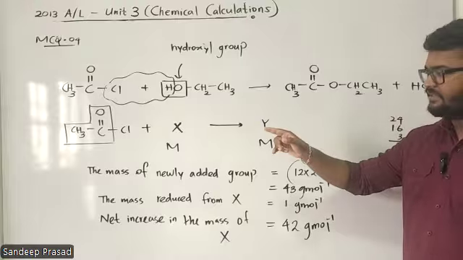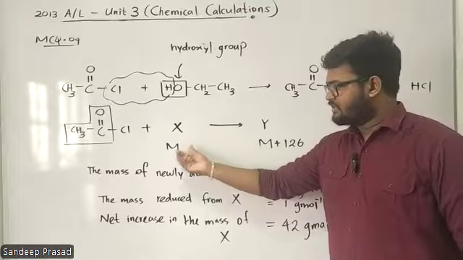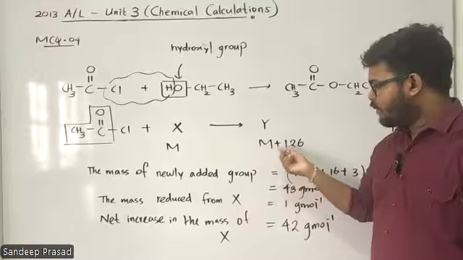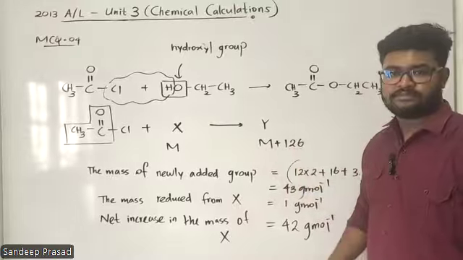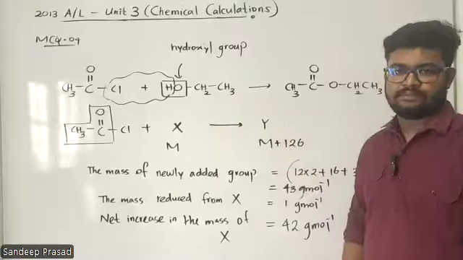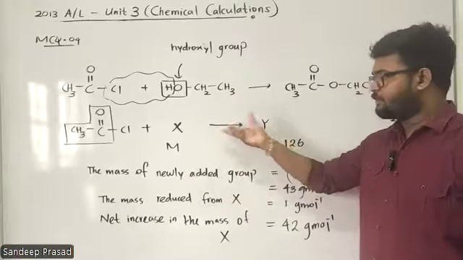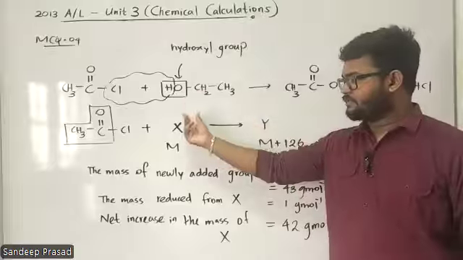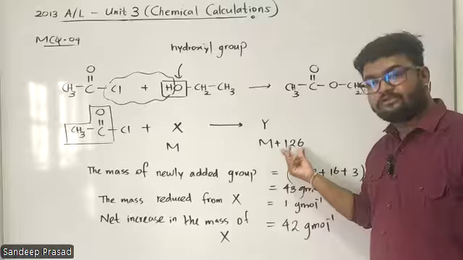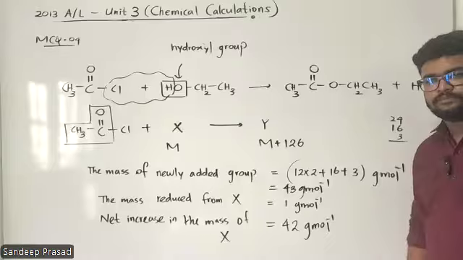Students, they have given me after the reaction, the total increment of the mass of the compound is 126 units. X was capital M, Y, which is obtained from the reaction between acetyl chloride and that compound. The total increment of the mass is 126 units.